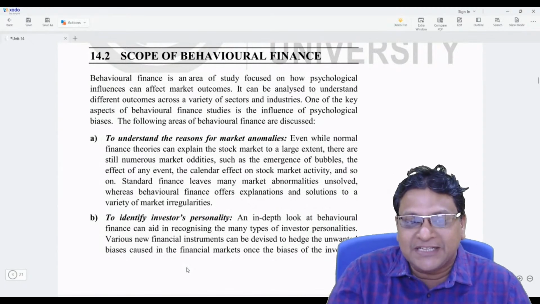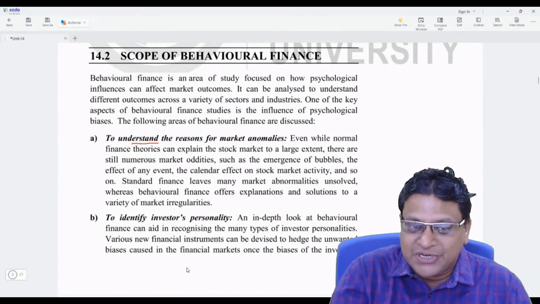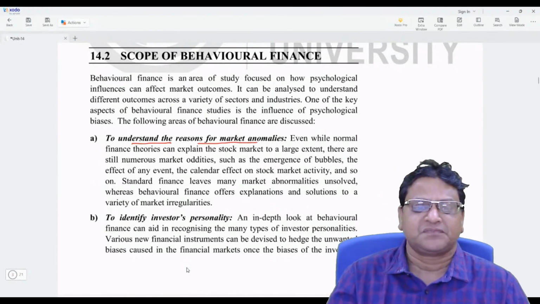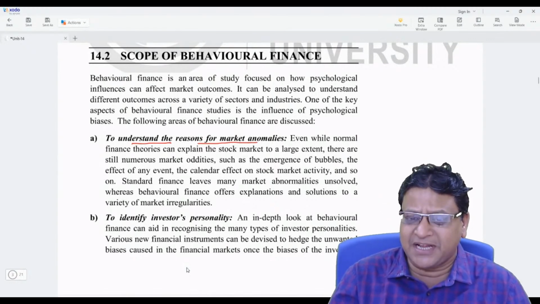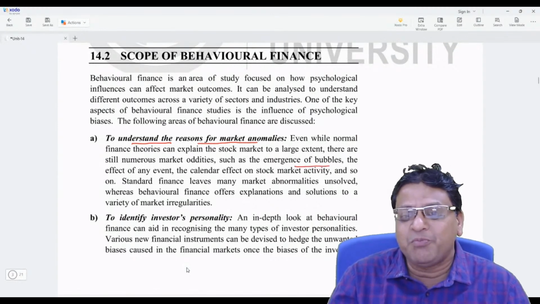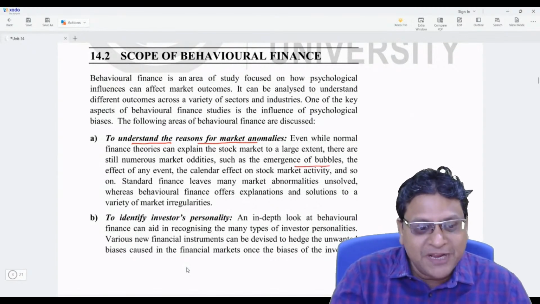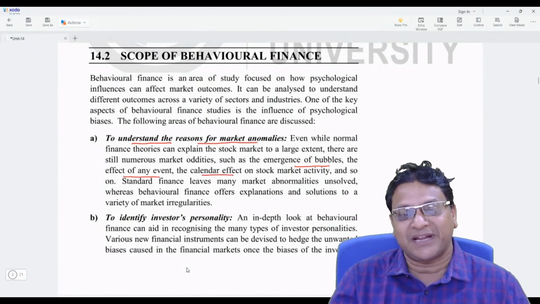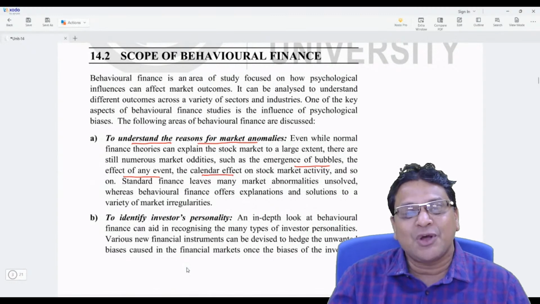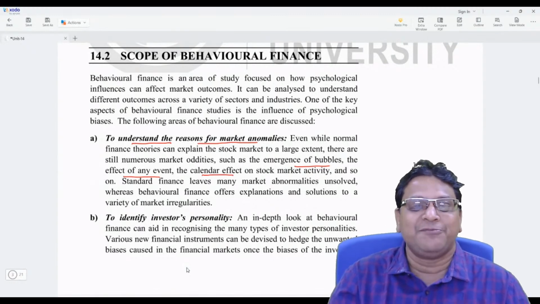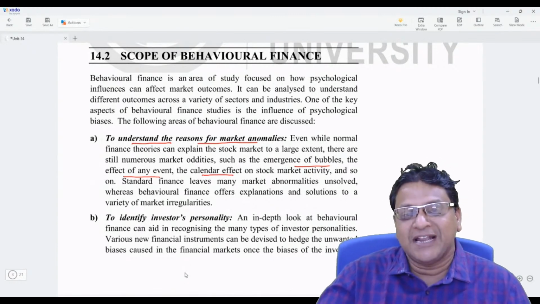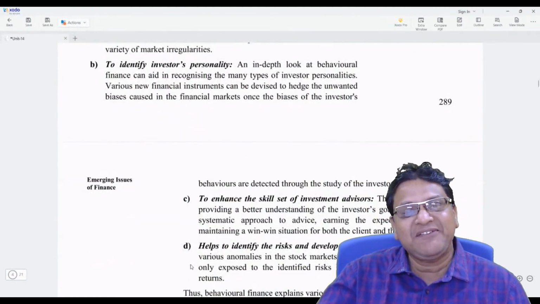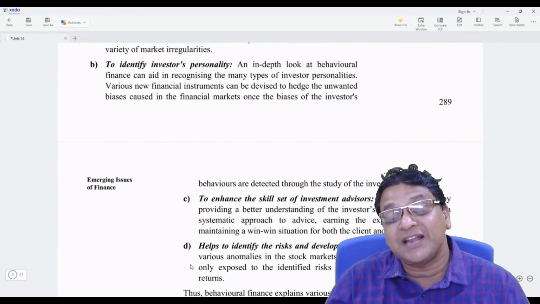So behavioral finance helps to understand the reasons for market anomalies. I have discussed some of the market anomalies: emergence of bubbles in the stock market, effect of an event in the stock market, calendar effect on stock market activity. These are some of the market anomalies, and behavioral finance gives answers to these anomalies. Next, to identify investors' personality.